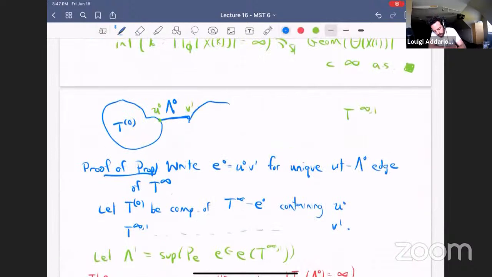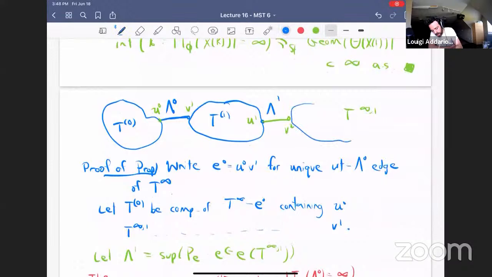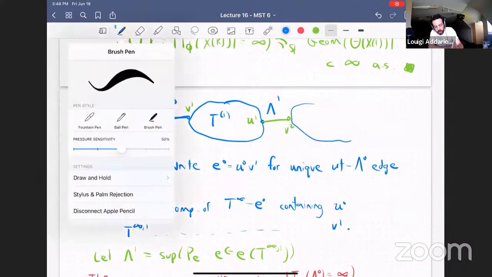We're going to have another blob, which is T1, and then the largest weight edge ever added after this first edge E0, which will be the edge E1 of weight lambda 1, connecting U1 and V2, and that will connect us to T infinity 2, and we can further refine that picture.